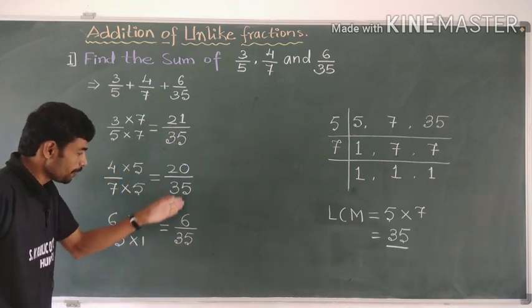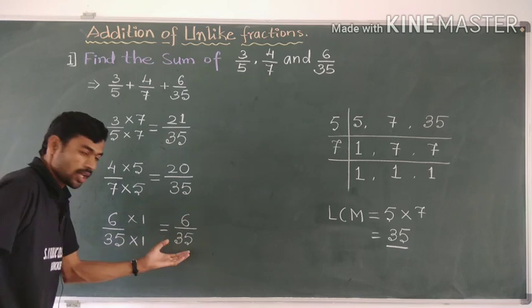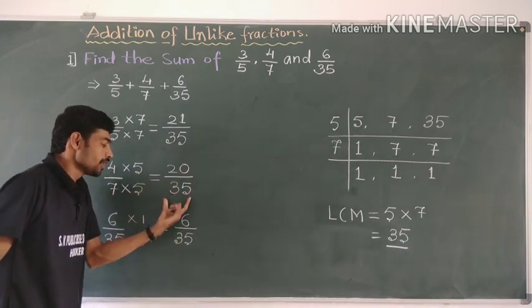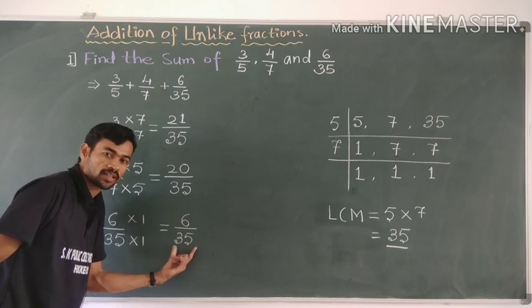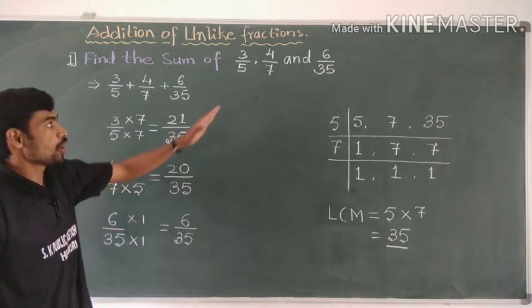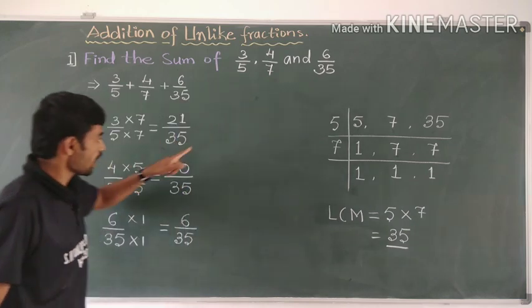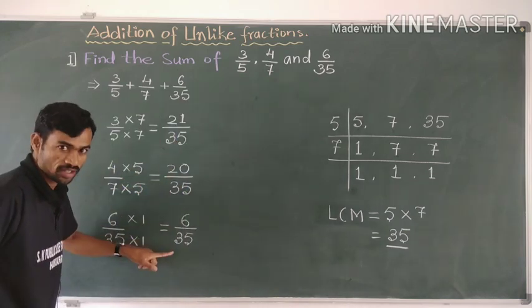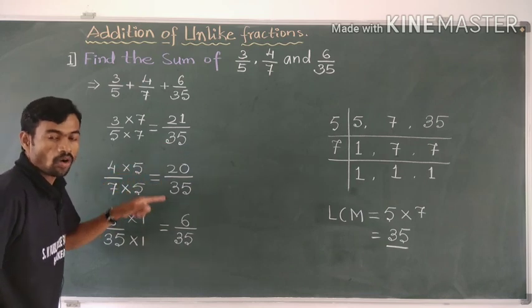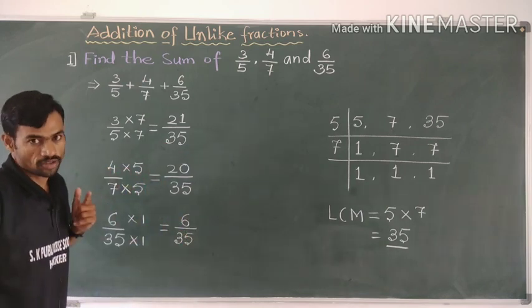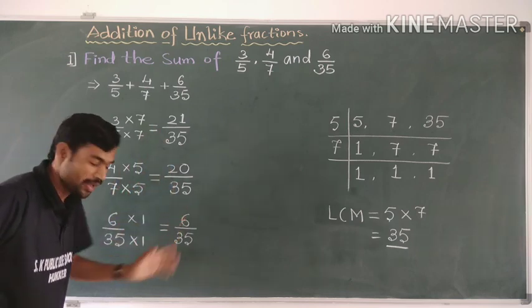So what is the relation between these fractions? All are having the same denominators. It means we have converted unlike fractions into like fractions. Now it is easy to add.